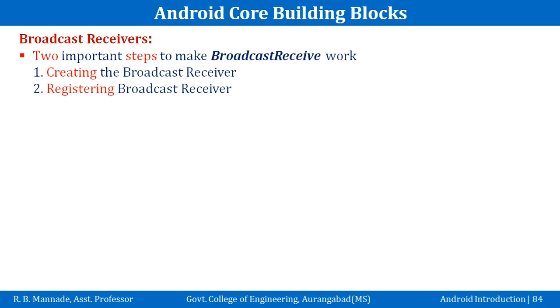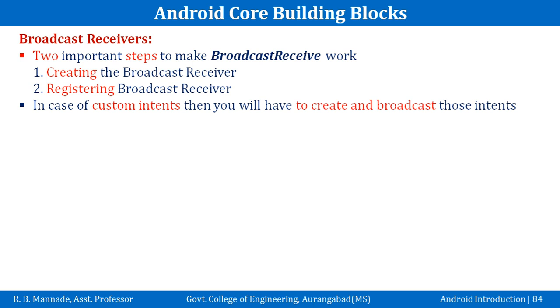Whatever broadcast receiver you have defined or implemented should be registered in the .xml file of the application. Okay. So, these two steps are for the case where you are handling the broadcast messages which will be sent by the system.